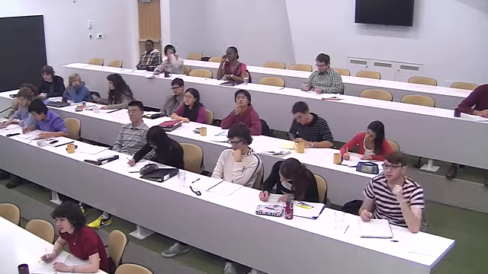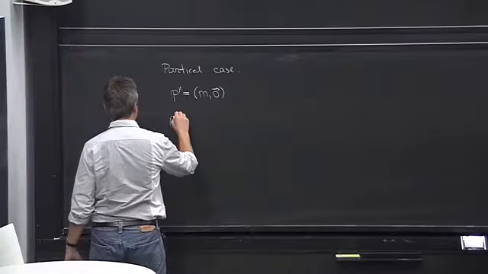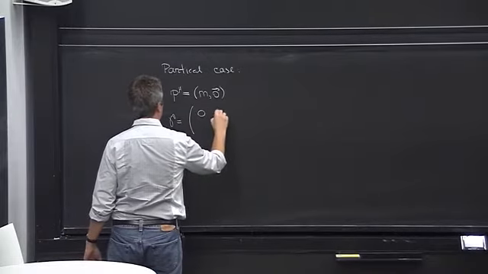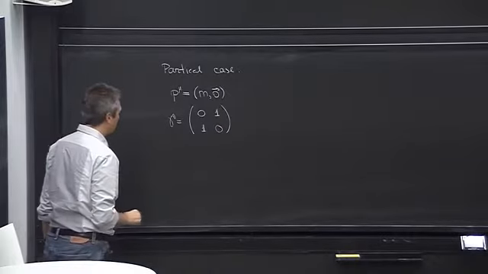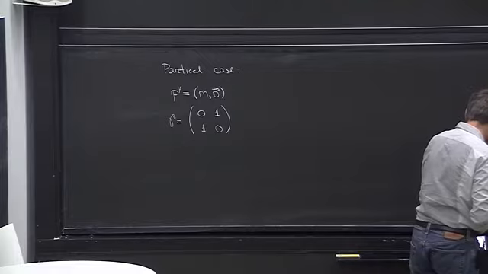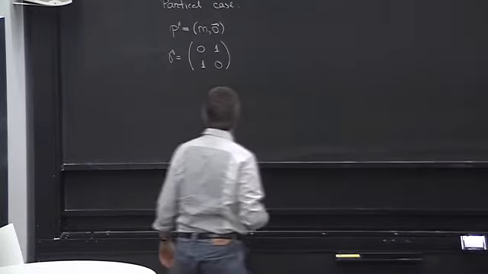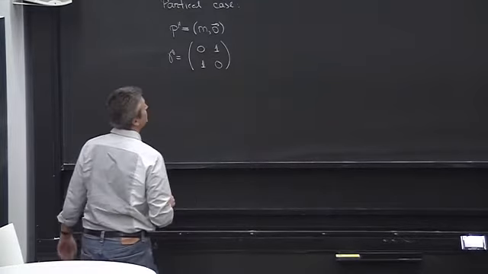Okay, so you see that what we need to know is what is gamma 0. So gamma 0 is the off-diagonal block matrix. And then we can write the Dirac equation.